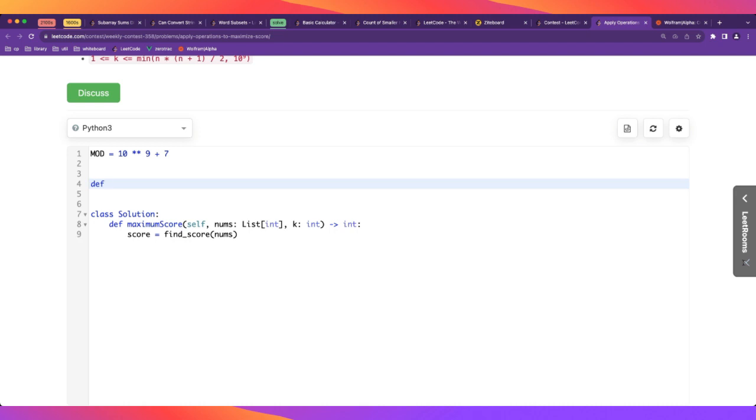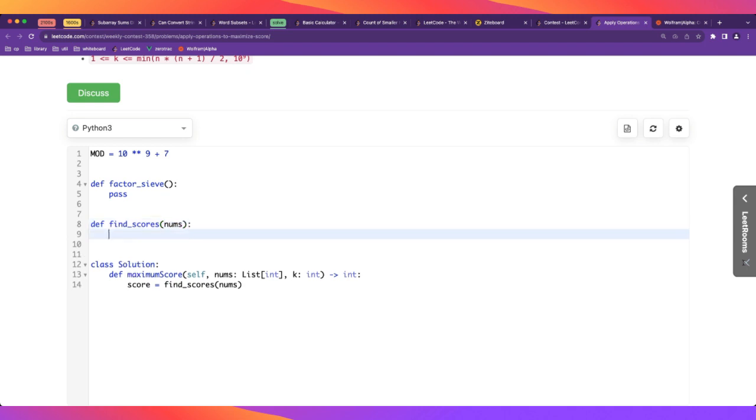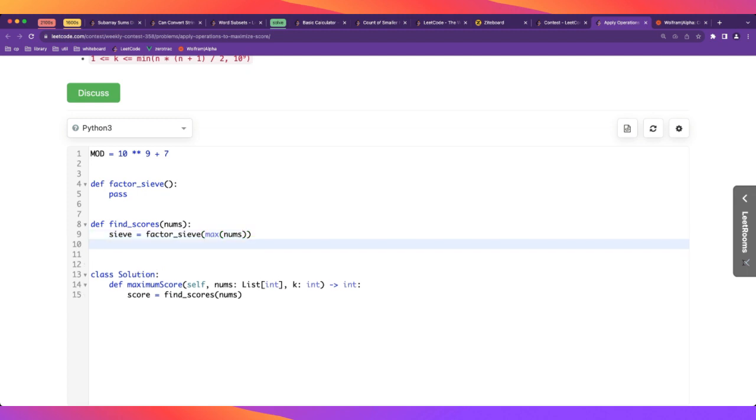I'm not gonna dive deep into how to implement it, but yes, let's find scores. So this is going to pre-calculate a sieve, a factorization sieve, and we want to make sure that we have a sieve for up to the maximum number.